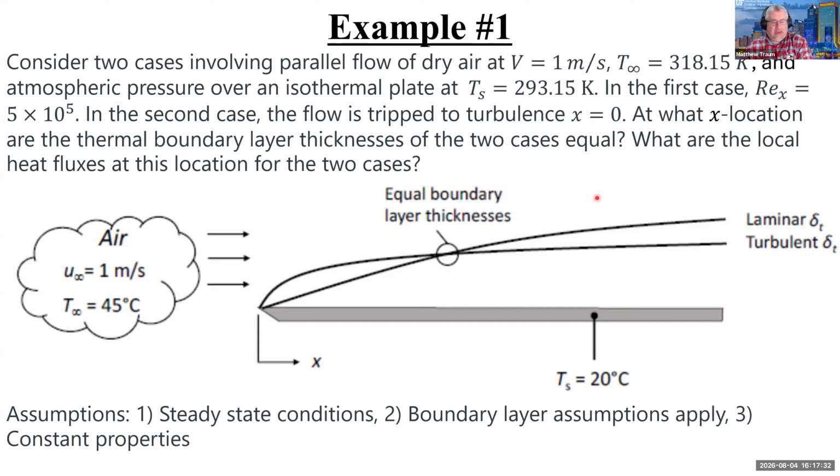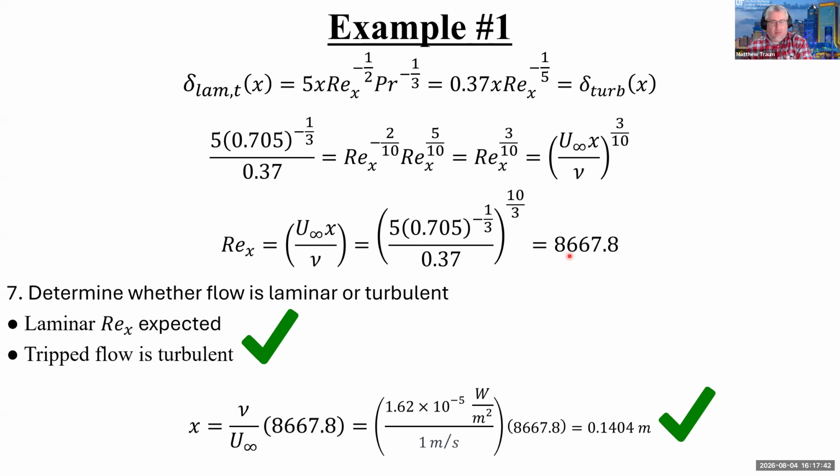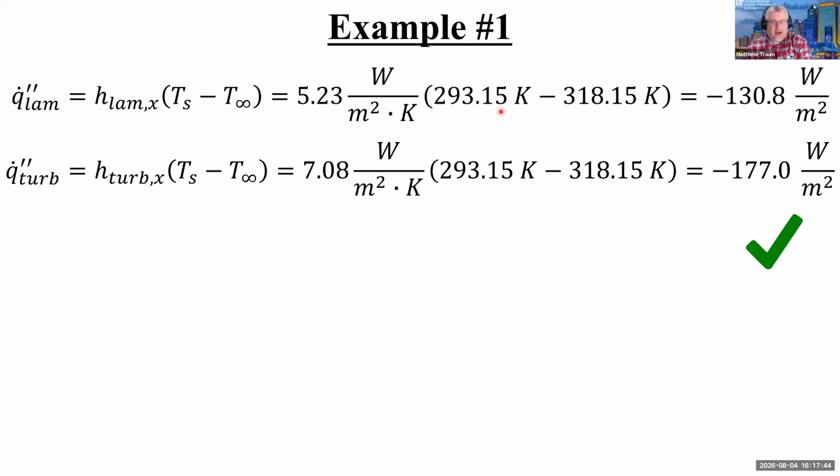And so I'm getting heat transfer into the plate, and heat transfer into the plate is negative in this case because the convection coefficient, remember, is always written with the bigger number first and the smaller number second so that the value is always positive. So this minus sign comes from the convention of bigger number first, smaller number second for Newton's law of cooling, right? So that's where this negative sign comes from.